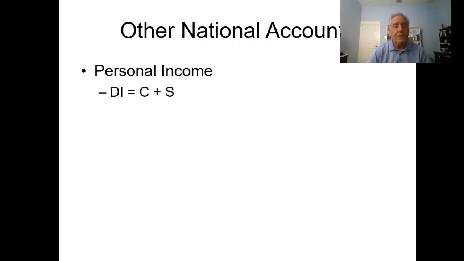Now that $6 is what we call disposable income. In other words, there's only 2 things you can do with that money. You can consume it or spend it. I suppose you could burn it if you want to, but that's kind of silly. So either consume it or save it. We buy something with it or we put it in savings. There's only 2 things that can happen with this disposable income, after taxes from our paycheck.